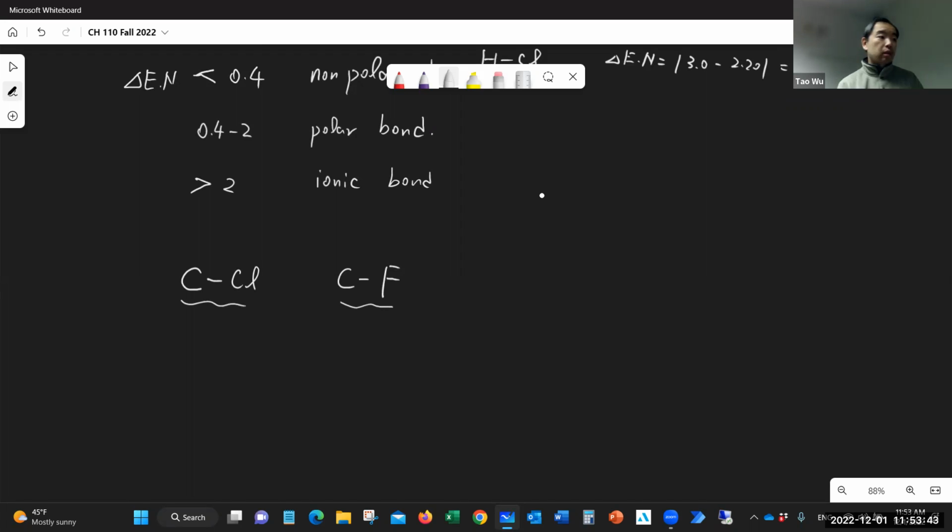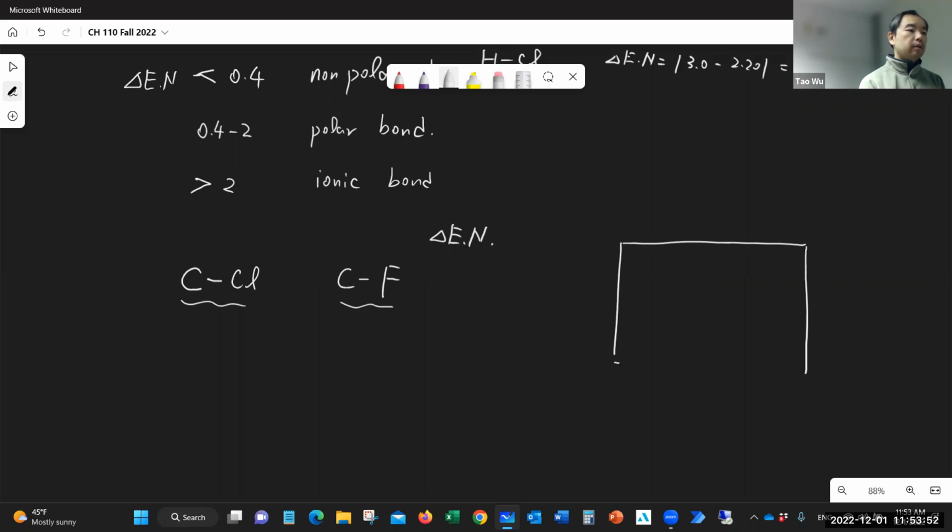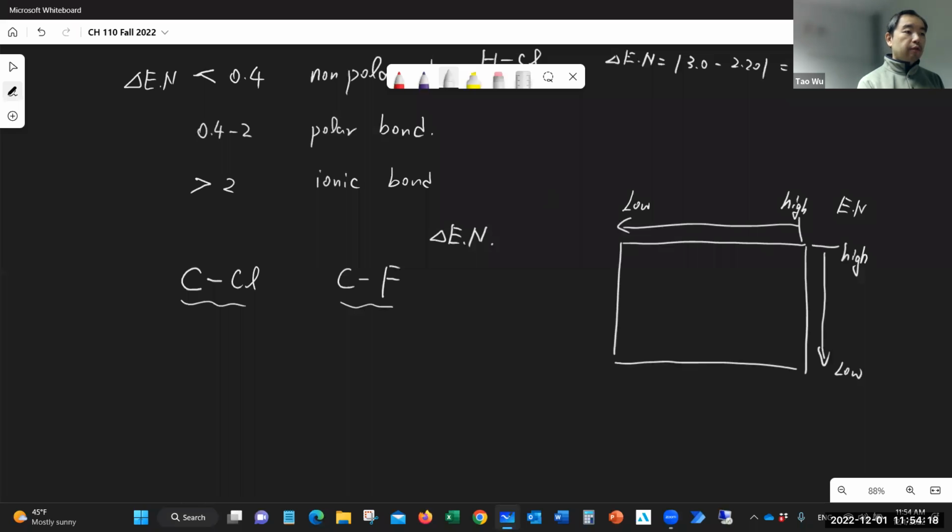Well, we need to figure out the difference of the electronegativity. Do you remember the trends for the electronegativity? We have a two-part trend, right? From top to bottom, the electronegativity goes from high to low. From right to left is also from high to low. Which means fluorine is sitting over here, chlorine over here, and carbon over here.